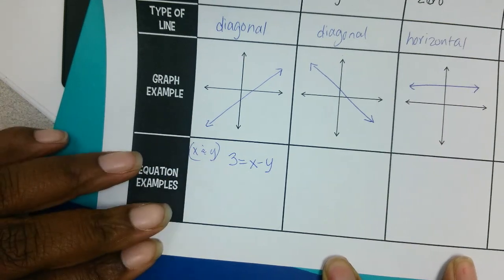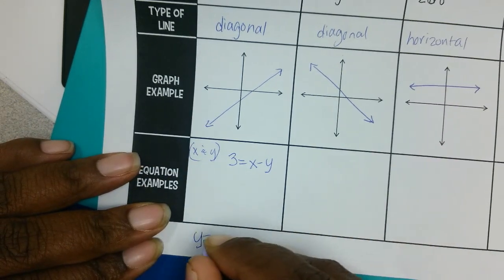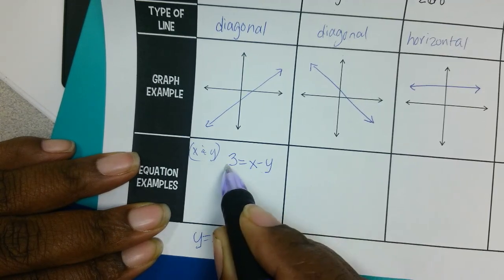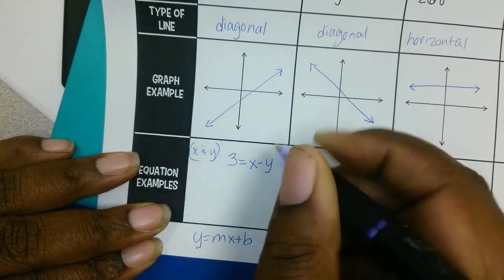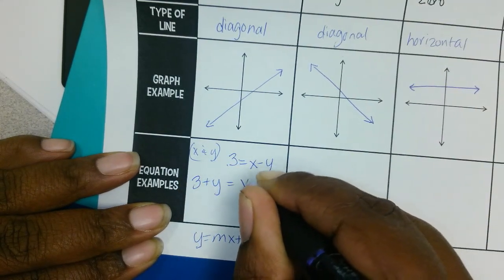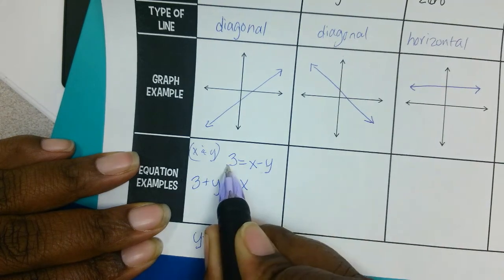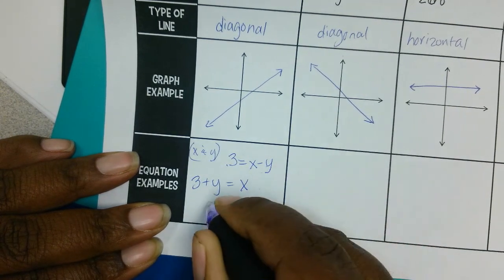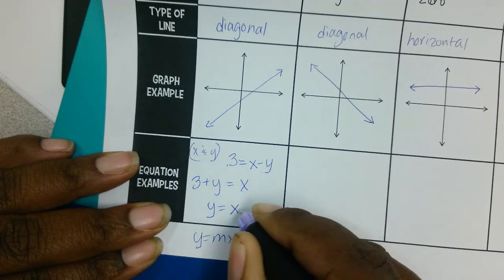Again, slope-intercept form is y equals mx plus b. So I would first move this y to the other side by adding y. So 3 plus y equals x. Since it was a minus, I had to add it. And then I would subtract 3 from both sides. So y equals x minus 3.